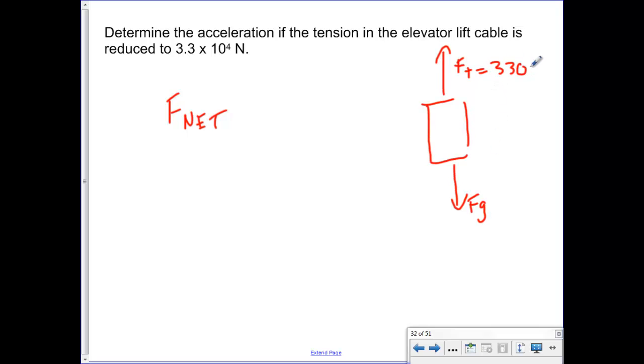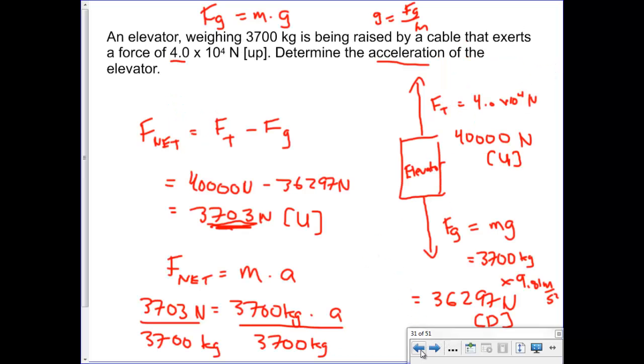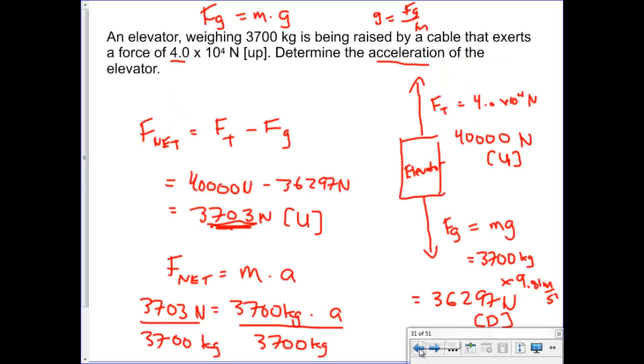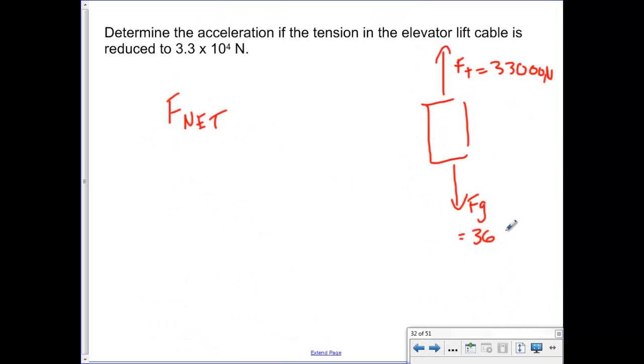If this guy is 33,000 newtons, what was gravity though? Wasn't it like 37? Oh, yeah. It was 36, 297.